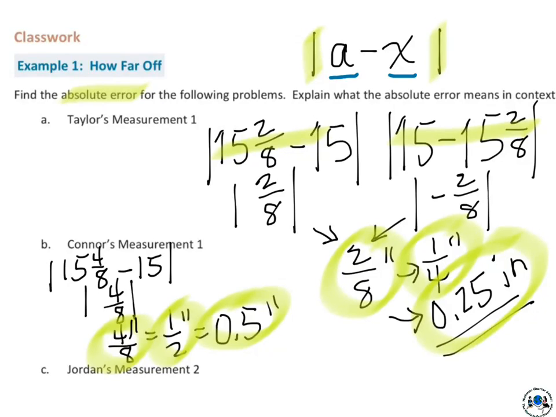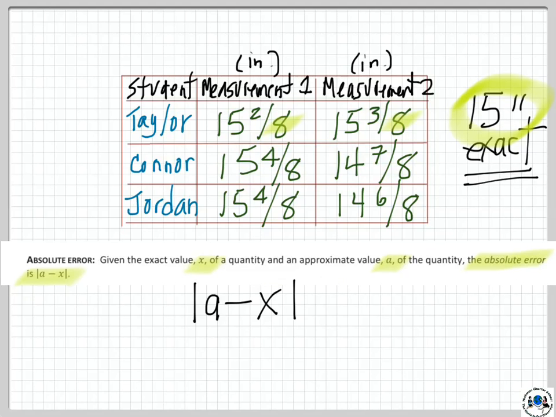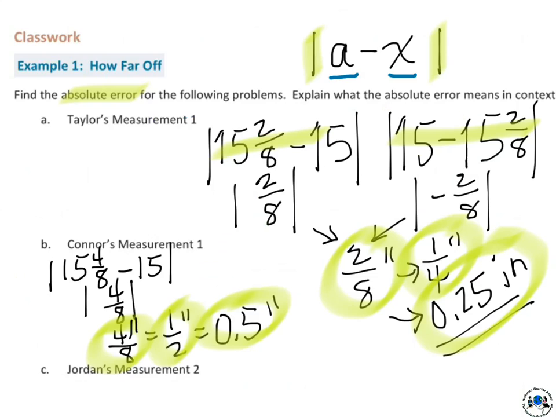So let's look at Jordan's measurement 2 and take a look at our absolute error here. Measurement 2 is 14 6/8.